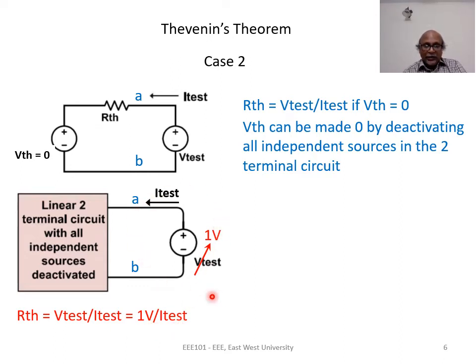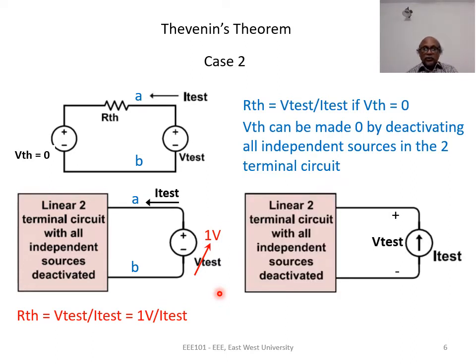Instead of applying a test voltage source, we can do the same procedure by using a test current source. So let's look at this circuit. Between node A and B, instead of a test voltage source, we have applied a test current source whose value ITest is known. Again, ITest can have any value. The result does not depend on the value of ITest.